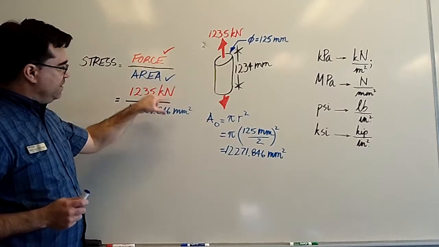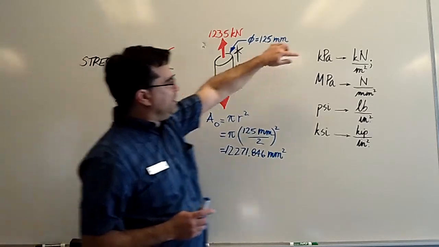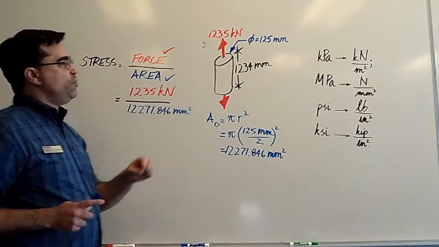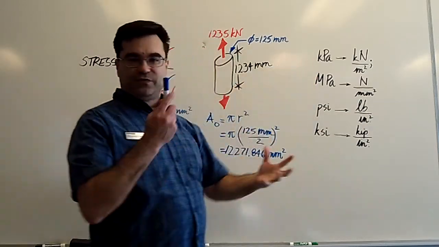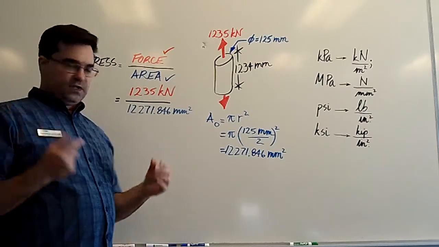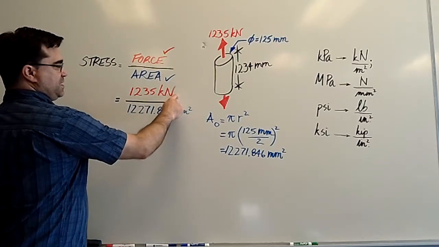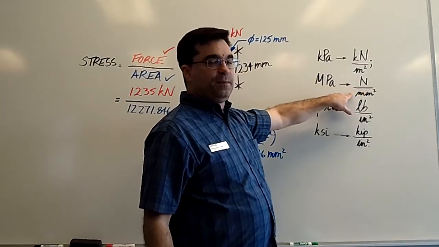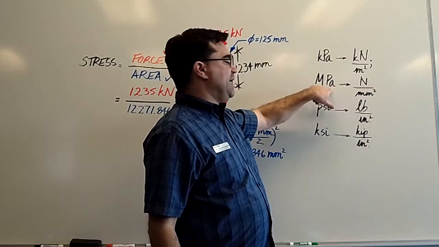Here, we have kilonewtons at the numerator and millimeters at the denominator. So if we want our answer in kPa or MPa, we have to do something here. So I choose to simply convert this from kilonewtons to newtons and leave the area in millimeters squared, so I'll get an answer in MPa.